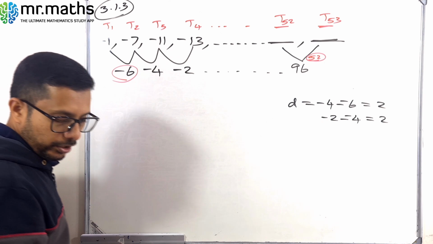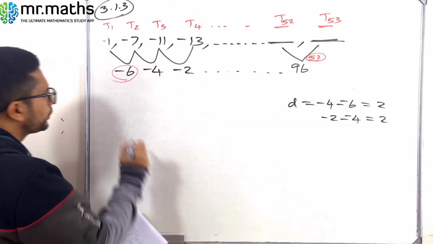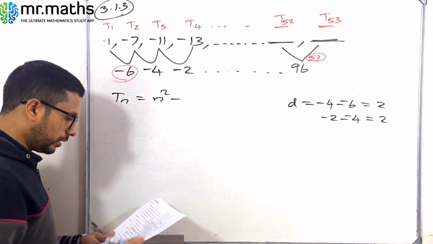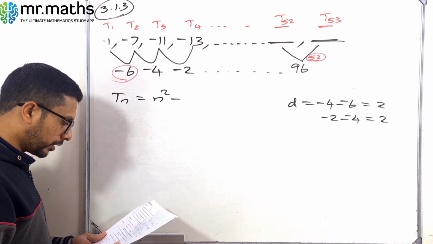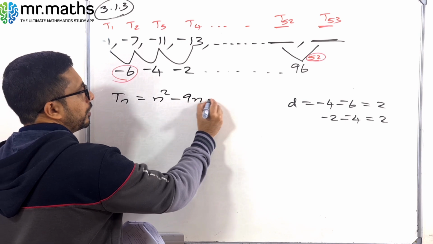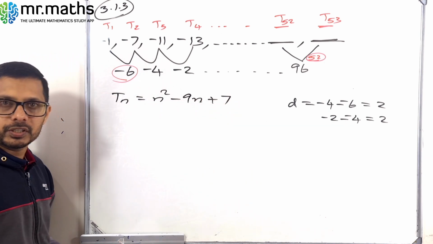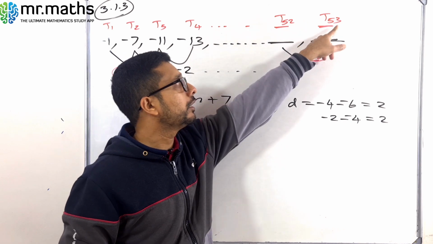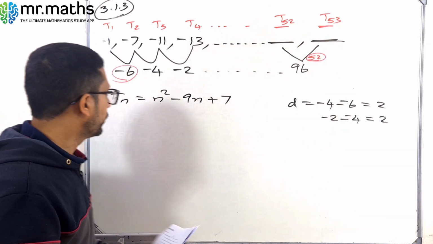What was that general equation? Tn is equal to n square minus 9n plus 7. You remember that one? Okay, and here we have to find the 52nd and 53rd terms. So what do we have to do?